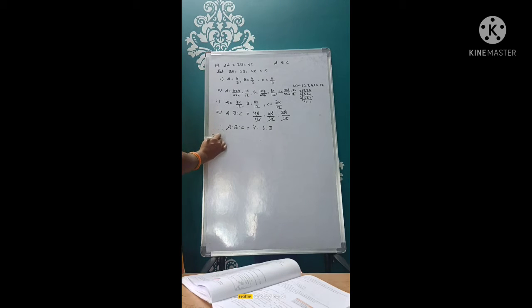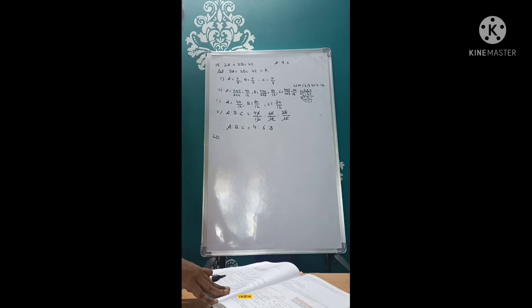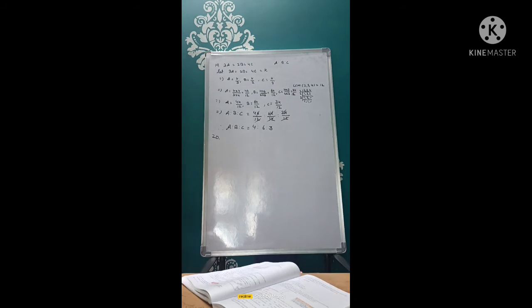Next question number 20. Tanay divided the collection of 253 stamps between his two sisters Shamali and Keya in the ratio 6 is to 5. Find the number of stamps each of the sisters received. Okay.